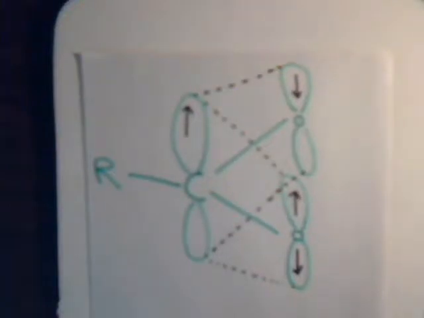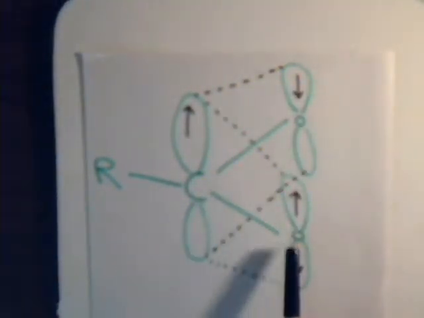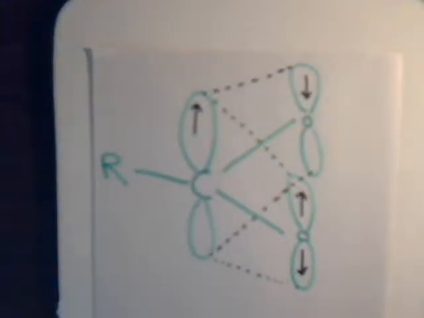Obviously, this is a much better representation of the physical situation, but as we discussed in the previous videos, it's useful to write out the different canonical forms, because a general rule is the more canonical forms you can write, then the more stabilized the system is through resonance.